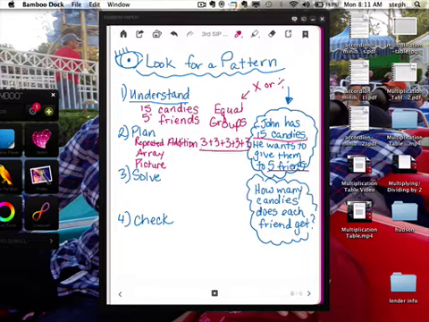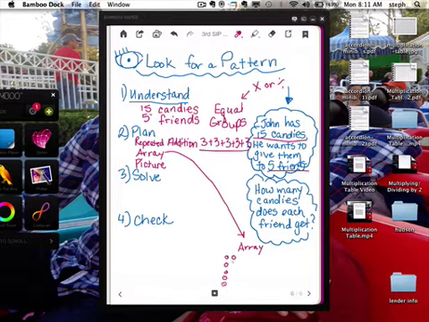Now I'm going to try an array. So I know I need 15 candies. And I have 5 friends. So my array, let's put a little arrow going down because I ran out of room. If you have room, go ahead and put it there. My array, I know I'm going to have 1, 2, 3, 4, 5 friends. Now I need to add up to 15.